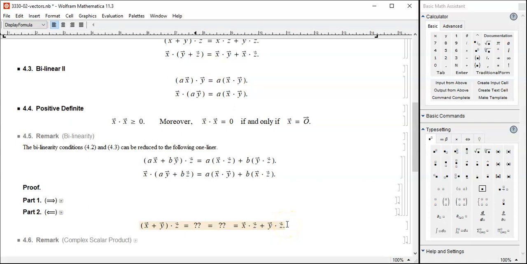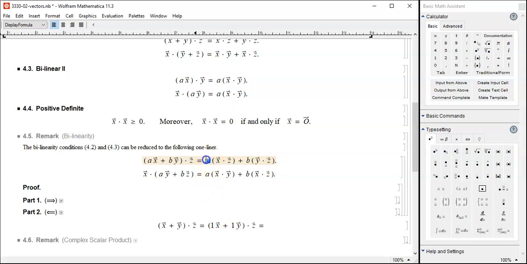That's what we want. Okay, let's do it. Let me rewrite it. That can be rewritten in this kind of form: 1x plus 1y dot c, if I put a and b both as 1. And then we can apply this.